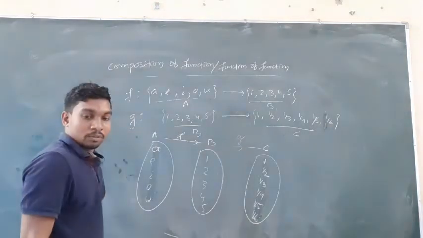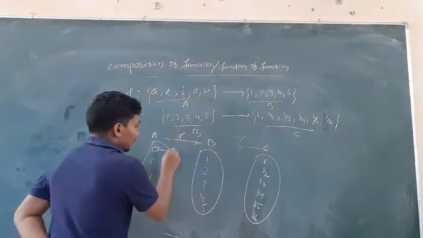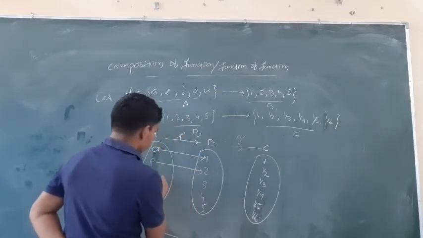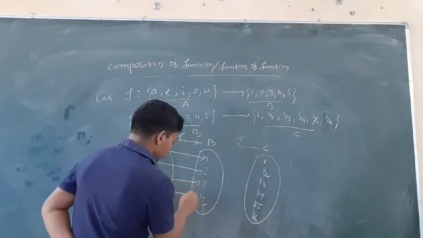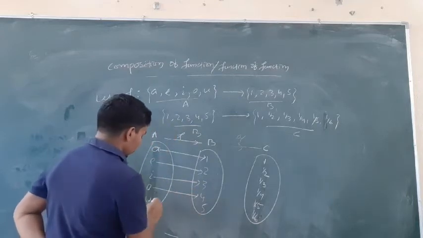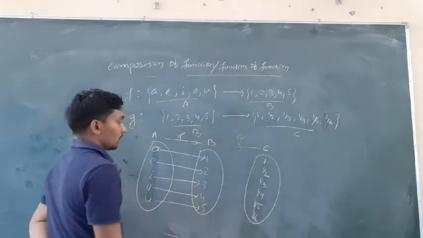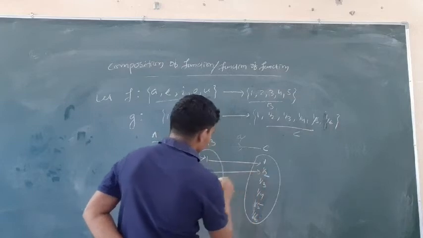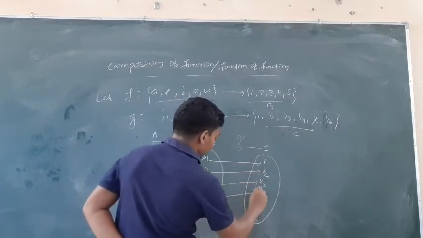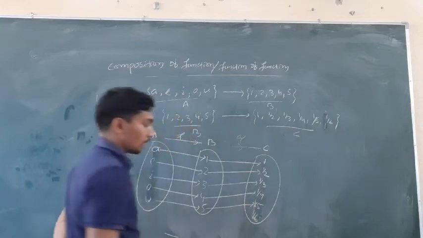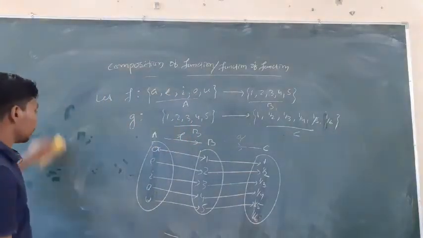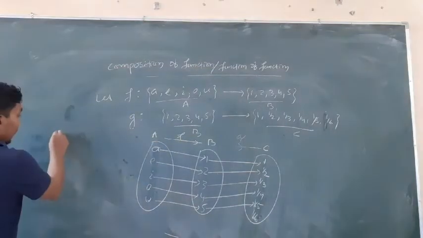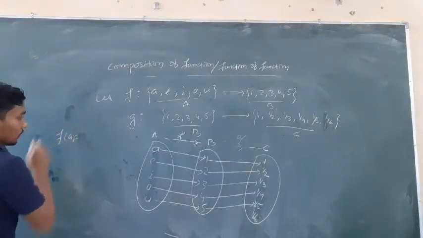Now suppose a is related to 1, e is related to 2, i is related to 3, the image of o is 4, the image of u is 5. Similarly, the image of 1 is 1, the image of 2 is half, the image of 3 is 1/3, the image of 4 is 1/4, the image of 5 is 1/5. Here, from A to B, that means f of a will be how much?